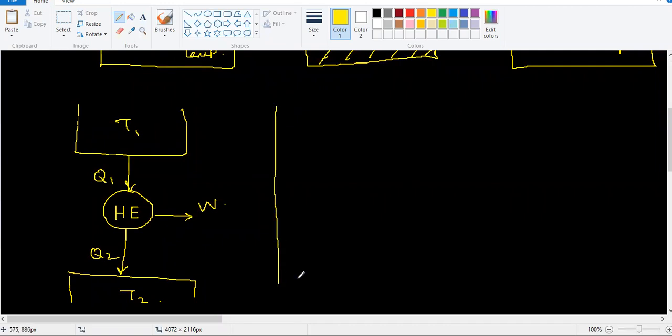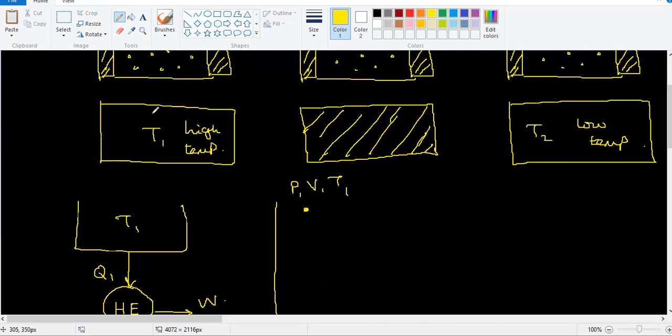If I want to draw the graph for this, the Carnot engine graph will look something like this. You start from a particular pressure, volume, and temperature, P1, V1, T1, right? If I do an isothermal expansion, what does that mean?